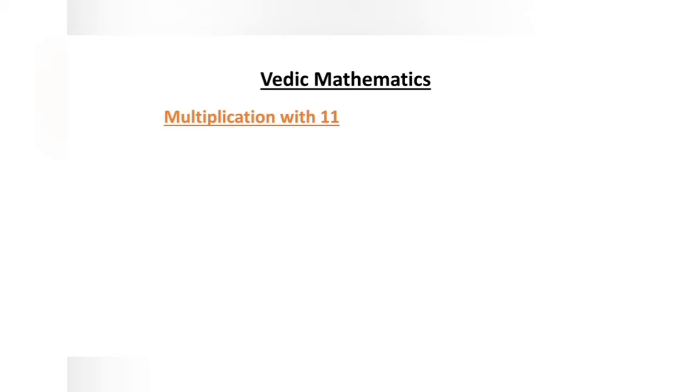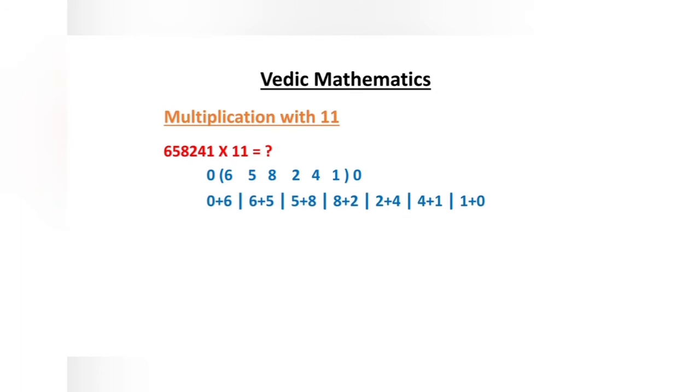Now we will find the product of a bigger number with 11. We will see 658241 into 11. First, write the numbers in brackets as shown and zeros on the either side. Next, separate into group of 2 and add them. Last step, observe carefully here.